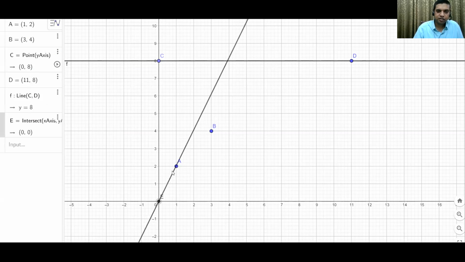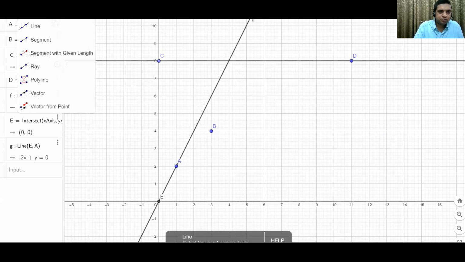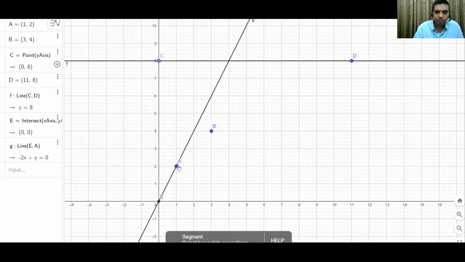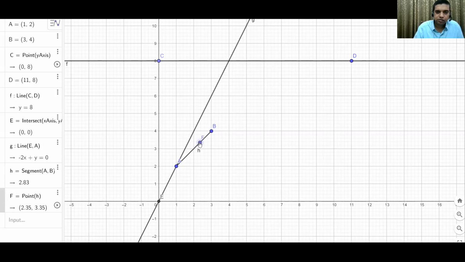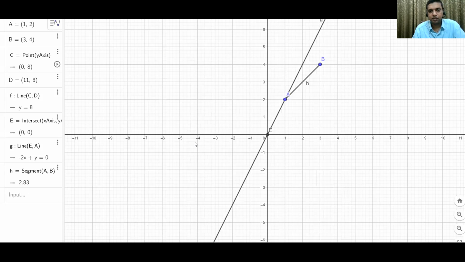The origin and this point A. So this is the source of light, and this is the rod. Actually, AB is the rod. I'll draw segment AB.